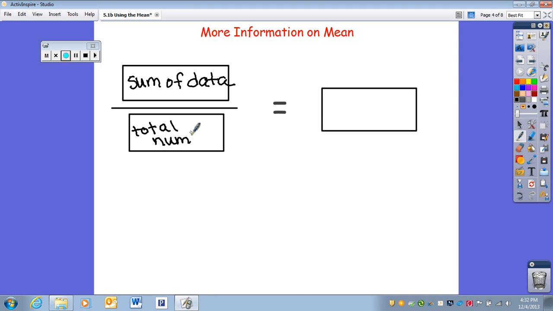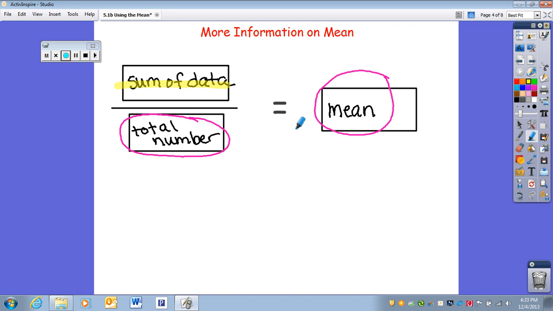There may be a time when we want to know, and we give you the mean, and we tell you how many pieces of data there were. There are times when I'd really like to know what the sum of my data was to begin with. Well, the way that we can do that is actually do in reverse.